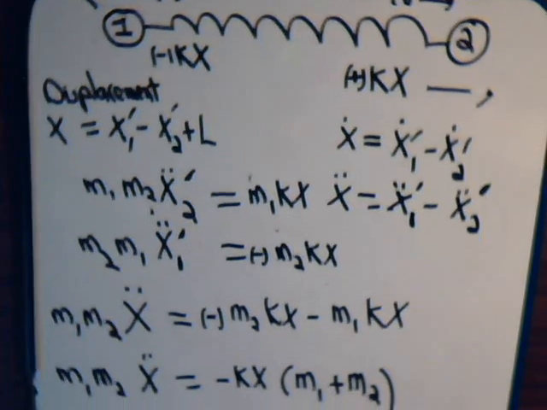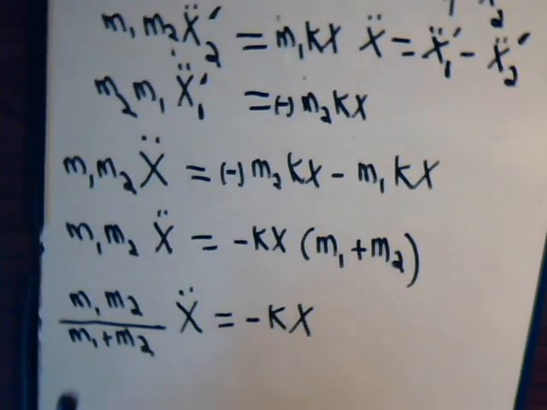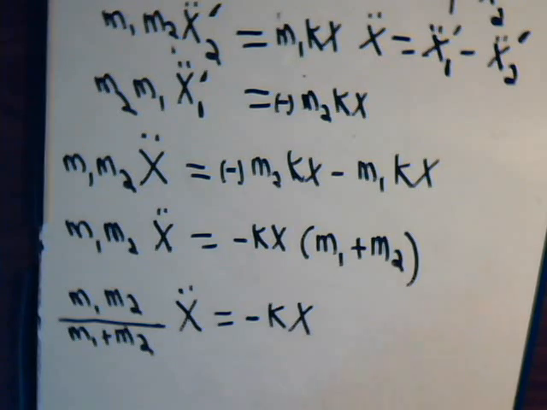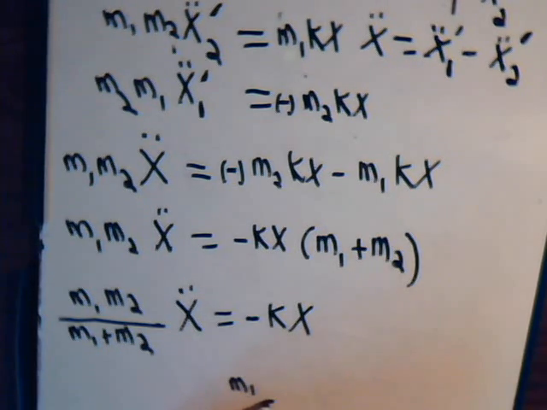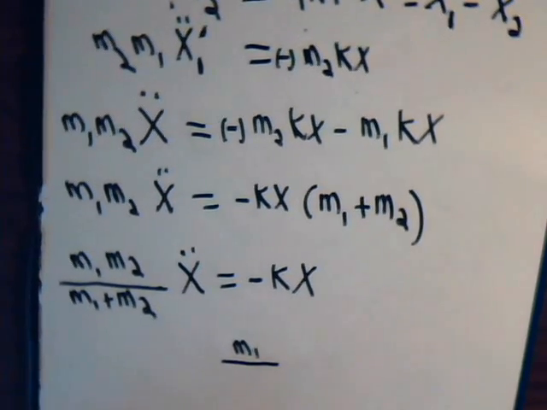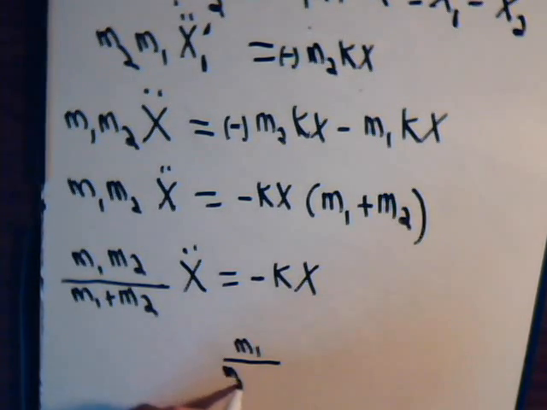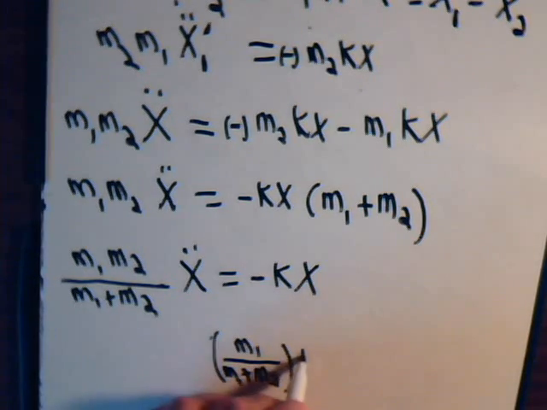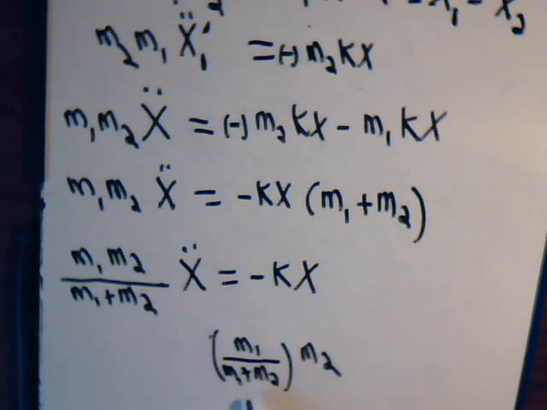Now let's just look at this term for a moment. We can write it like this, say m1 divided by m1 plus m2 times m2. So clearly we're multiplying m2 by a fraction.